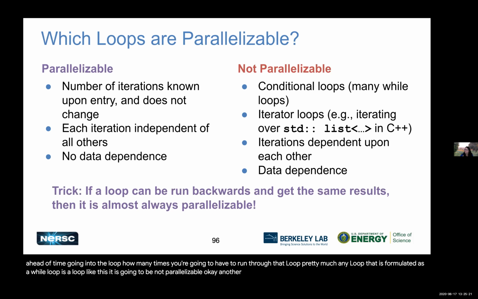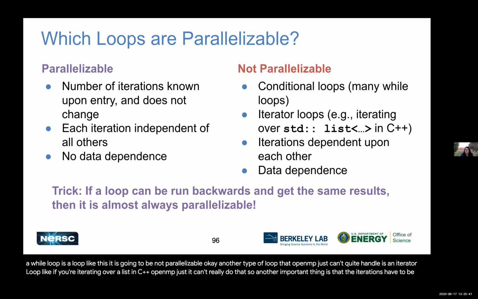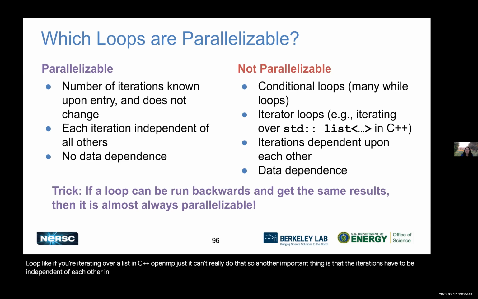Okay, another type of loop that OpenMP just can't quite handle is an iterator loop, like if you're iterating over a list in C++. OpenMP just can't really do that. Another important thing is that the iterations have to be independent of each other in order for your loop to be parallelizable.